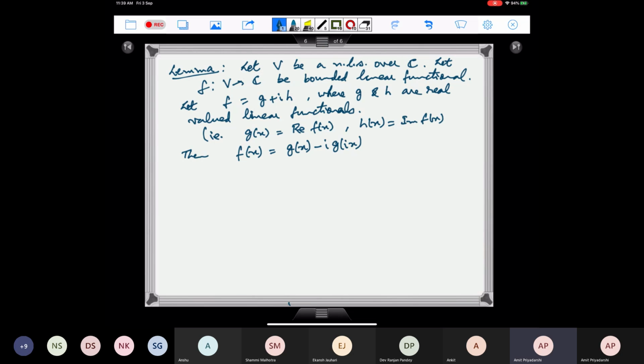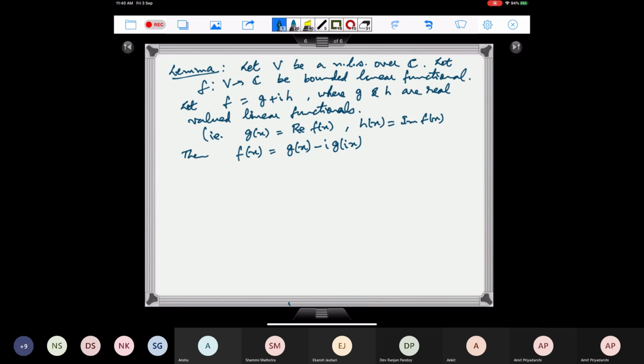So what we are saying is that if we have any bounded linear map from V to C, then we can write this in terms of only the real part. So f of x can be written as g of x minus iota times g(iota x).